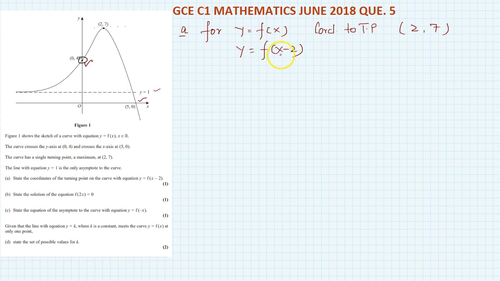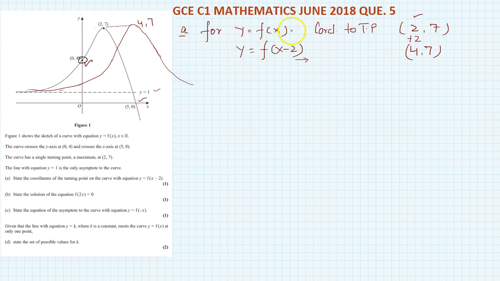Now this is inside the bracket, so it will only affect x, and this is minus 2, so the graph will move in this direction, means plus 2. So the coordinate will be (4, 7). This has become now (4, 7).